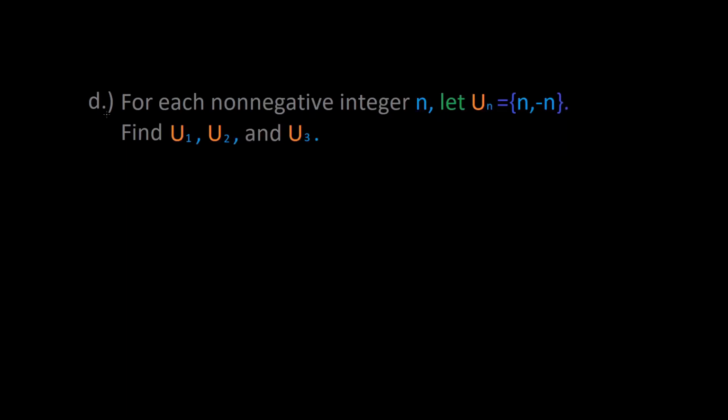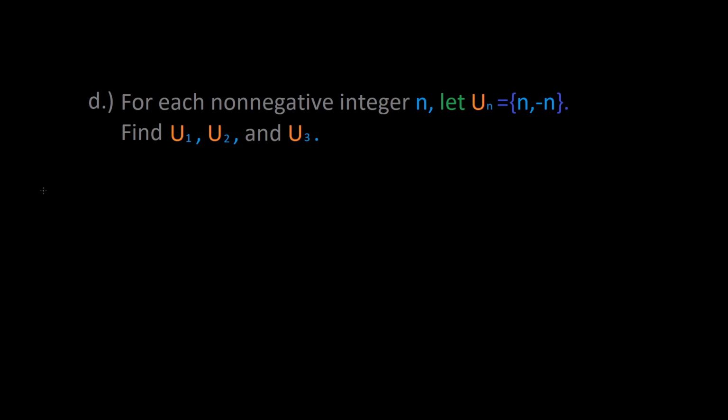D, for each non-negative integer n, let U subscript n equal the set of n comma negative n. Find U sub 1, U sub 2, and U sub 3. So let's take a look at this problem. What do we know? We know we have to use non-negative integers.